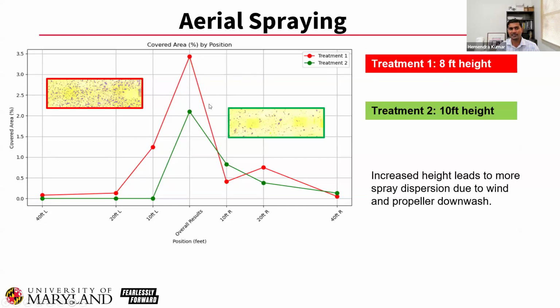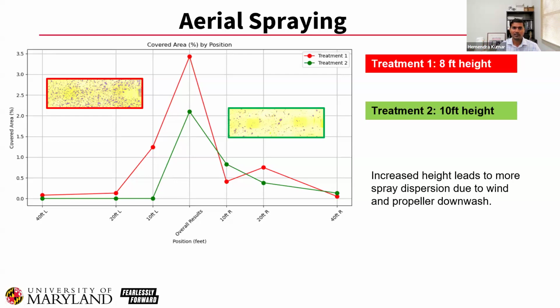You can see the differences even in the deposition. What does it tell? Increasing height leads to more spray dispersion due to wind and the propeller downwash. What we call the drift is, we have the main target and then how much was going away because of the air, the wind speed, the gust, or the propeller downwash.